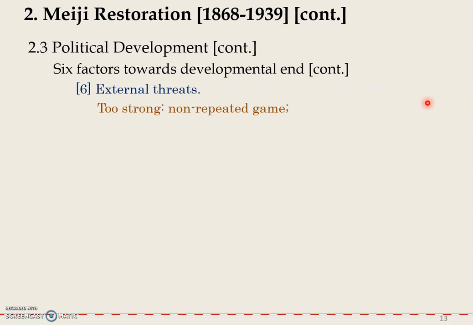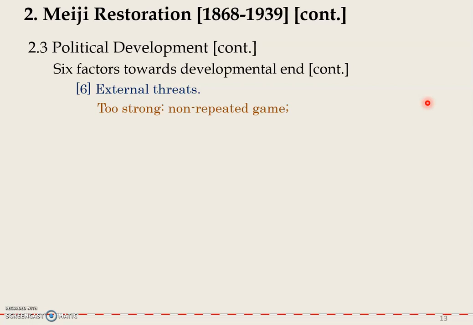That means if the external threats are too strong, then the foreign competitors or enemies may invade the country and take everything away from the ruling elite. So you know, the game is over, right?